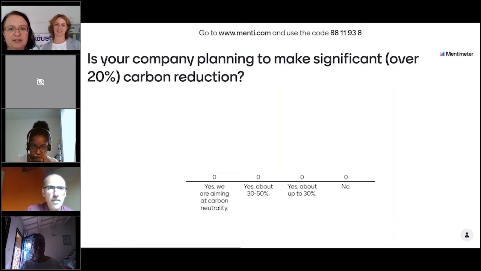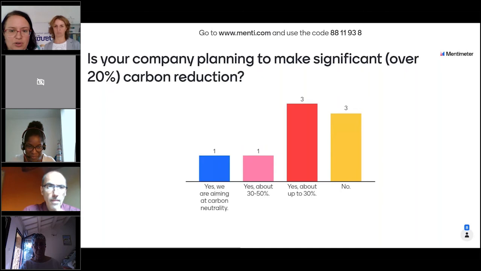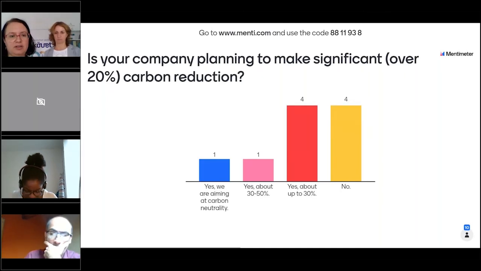Thank you. Next question, and we are halfway: is your company planning to make significant carbon reduction? Yes, we are aiming at carbon neutrality; yes, about 30 to 50%. Just ignore the 20% in the question and please choose from the answers: yes, up to 30%, or no. So, significant reduction in your carbon emissions for your company.